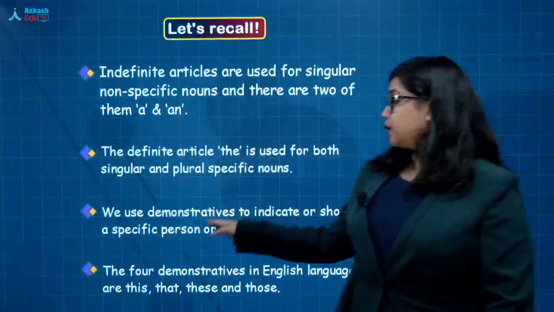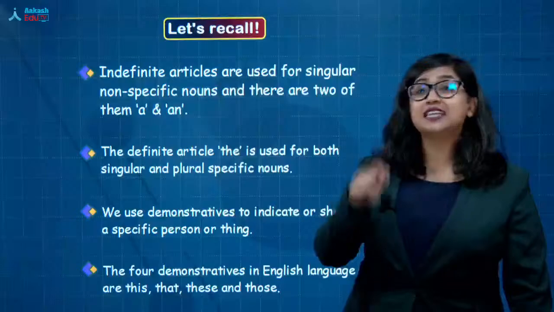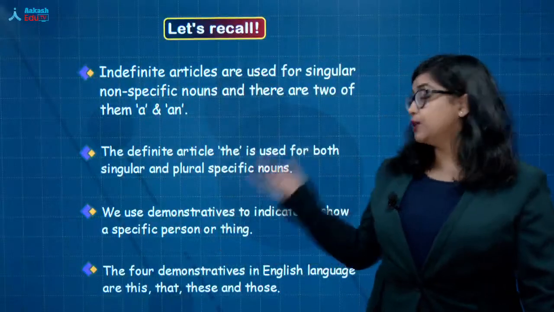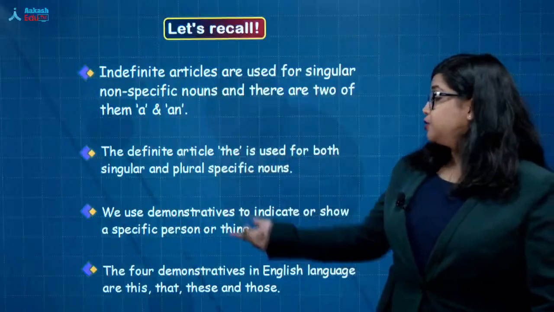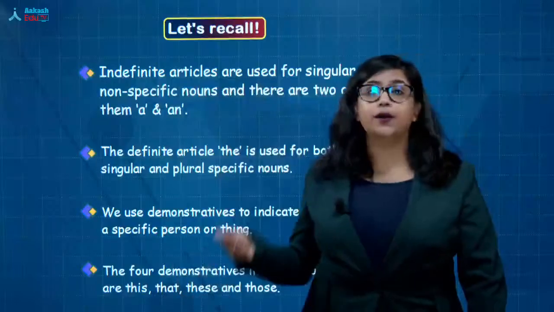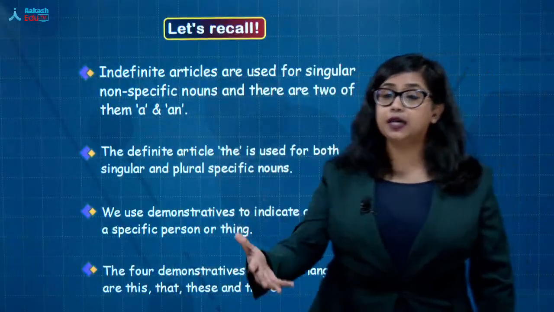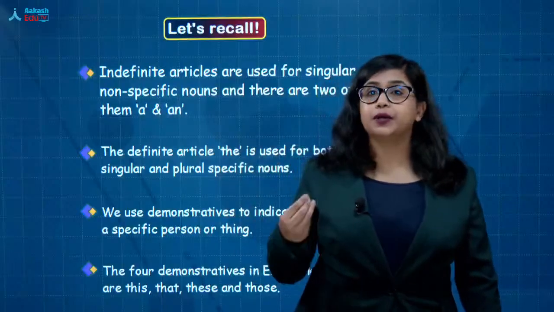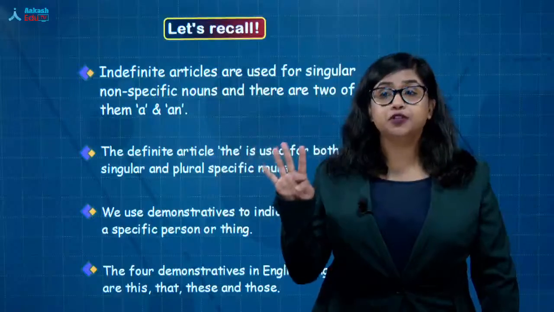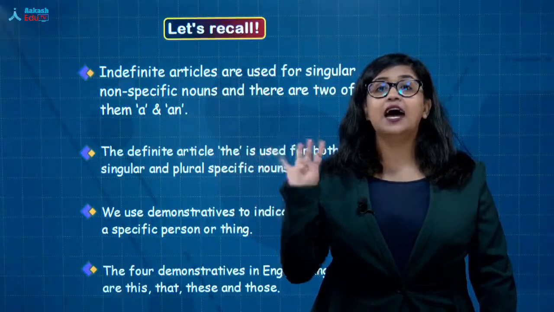Then let us talk about the next type of determiner that we had studied in the last class, that is demonstratives. Demonstratives are words which showcase a specific thing or a person. When we try to point out a particular thing, that is when we use demonstratives. There are 4 demonstratives in the English language: this, that, these and those.